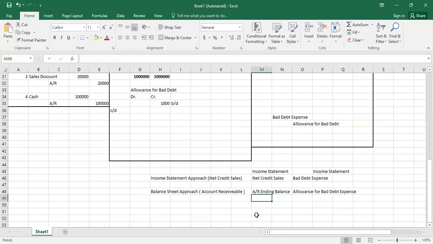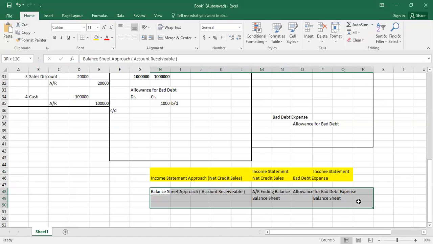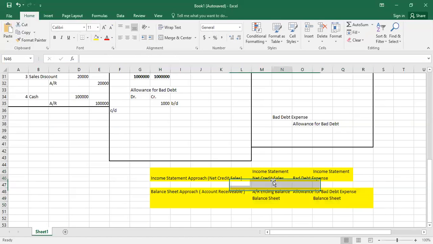Where is the account receivable ending balance located? Under the balance sheet. And where is the allowance for bad debt located? Under the balance sheet. That's why we call this method the income statement approach, and we call this method the balance sheet approach.